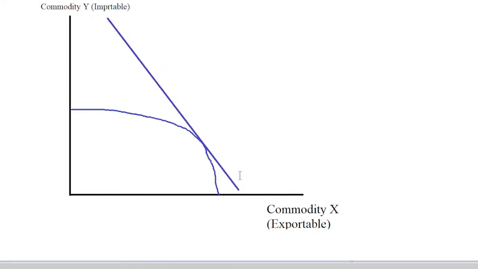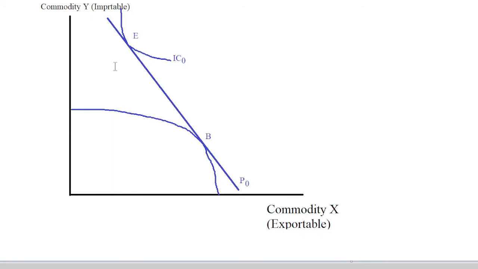Let me denote this initial terms of trade as P naught. Under this terms of trade, initially the economy is producing at point B and should be consuming somewhere along this terms of trade line, let's say at this point E, and this is the indifference curve. Let me say it as I naught. So initially this is the situation in the short run.